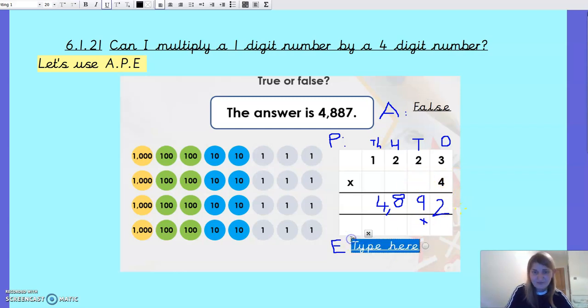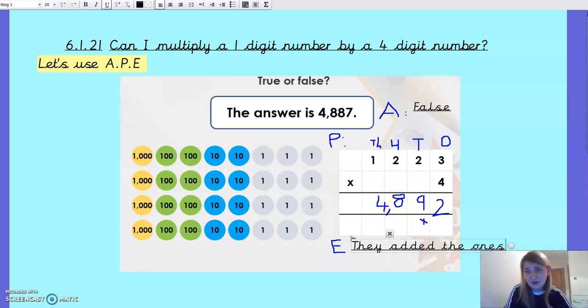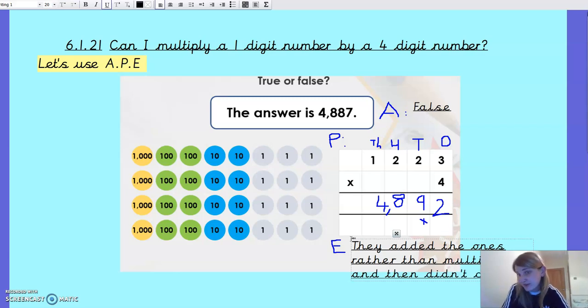So yeah, I think they added the ones rather than multiplying. I think my head's going to cut off the word multiplying. Sorry, guys. Rather than multiplying, and then forgot to carry as a result.